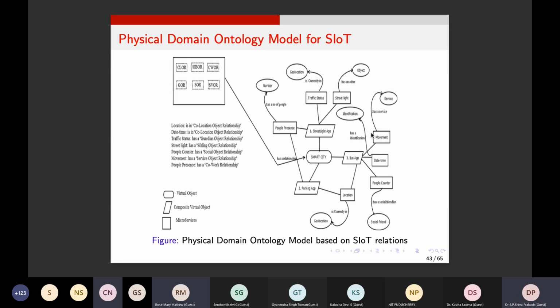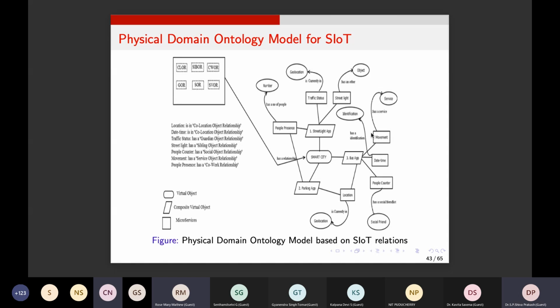And the same location is utilized by the bus app, where it is trying to count the number of people, right? And it has a date and time, the movement, okay, right? So again the date and time will be identified, which has an identification relationship.